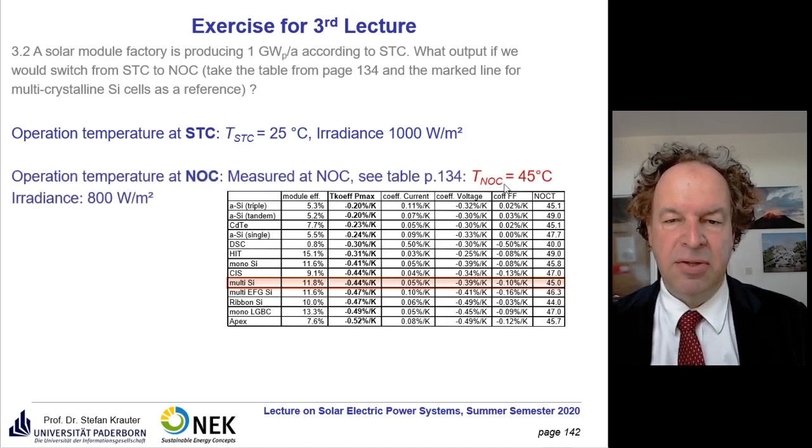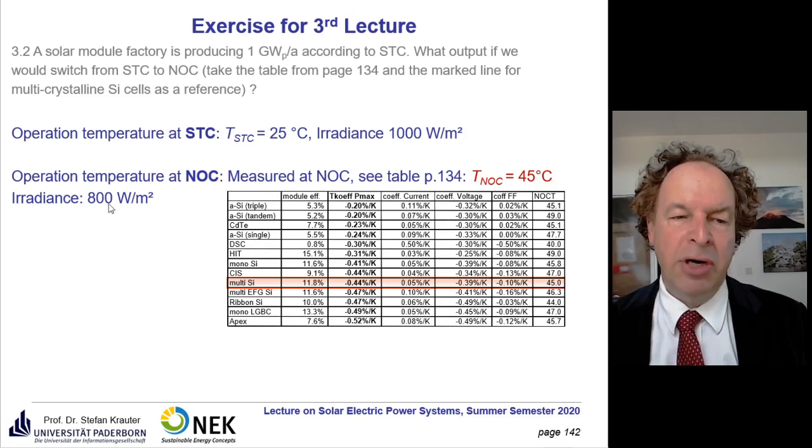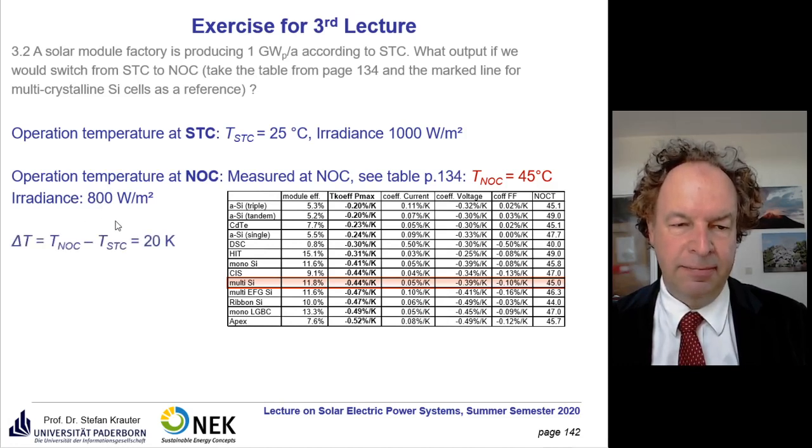Here we see it, so temperature, and also what has to be considered at the nominal operating conditions. It's not taking this 1000 watt per square meter. There we only have a more realistic value, which is 800 watt per square meter. So we lose both by the temperature and by the more realistic irradiance level.